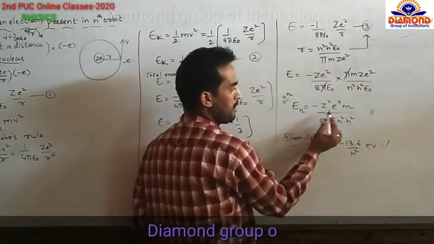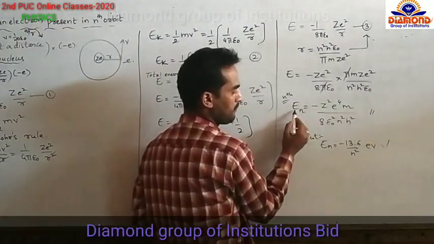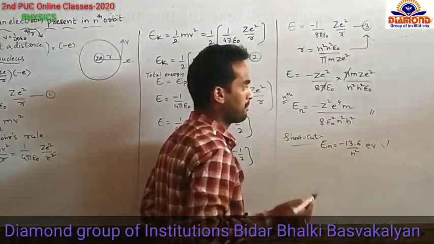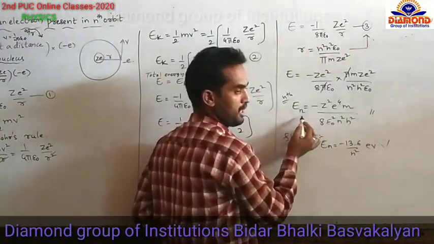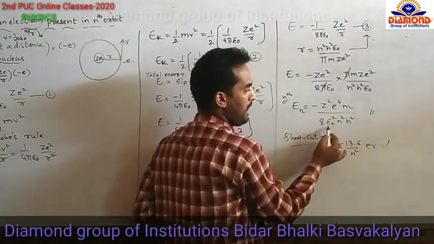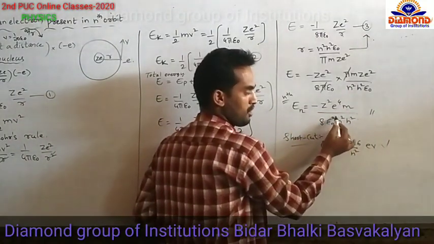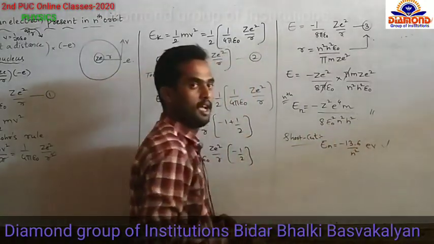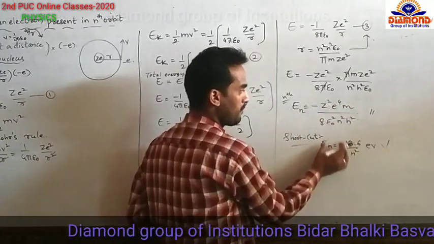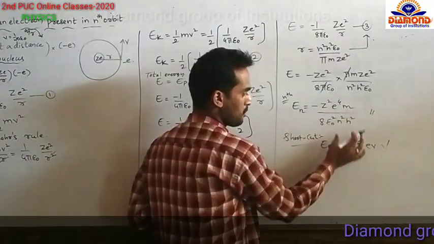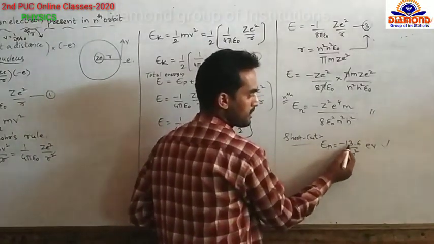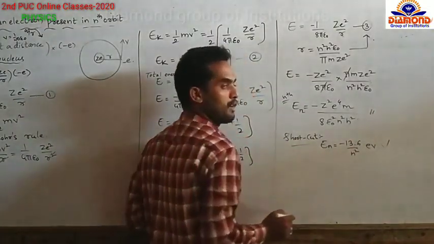Then by simplifying the formula, we got the final expression for the total energy of an electron present in nth orbit, minus Z square e power 4 into m by 8 epsilon naught square n square into h square. And also by substituting the constant values, we have simplified this big relation to a small relation, that is energy En equal to minus 13.6 by n square.